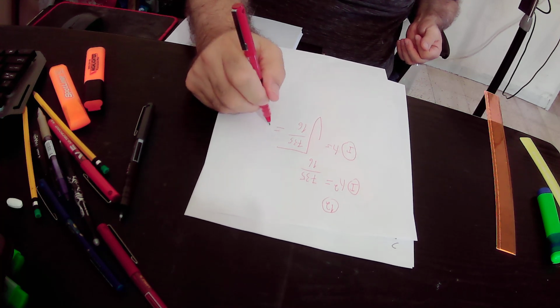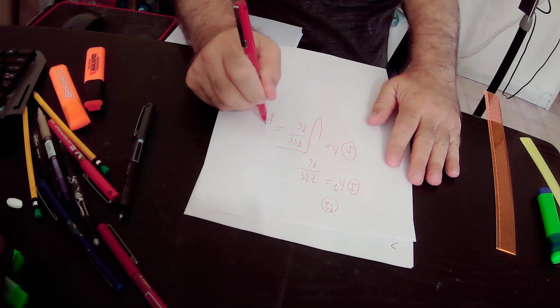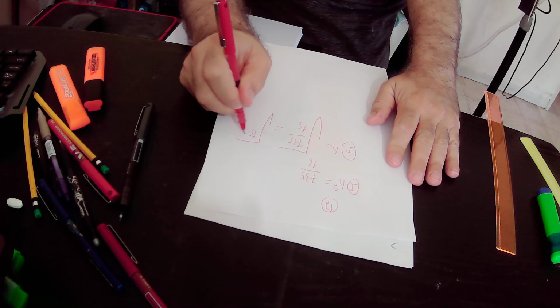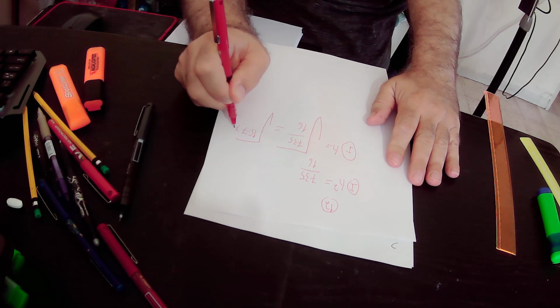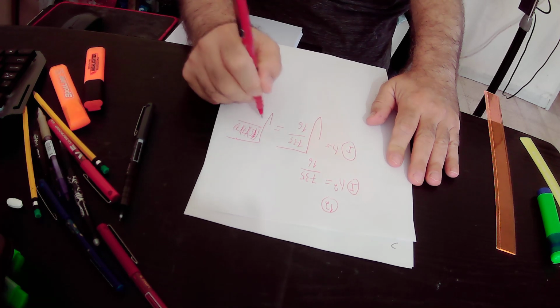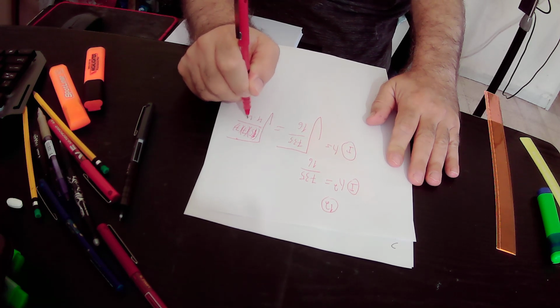But 735 equals 15 times 7 times 7, and 16 equals 4 times 4.